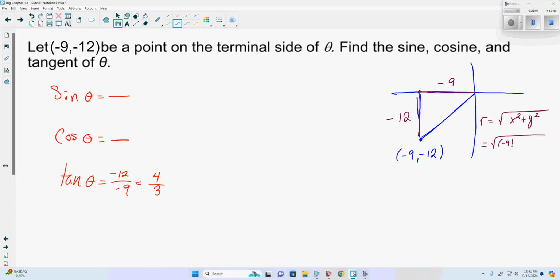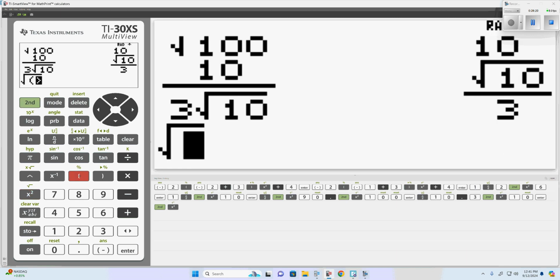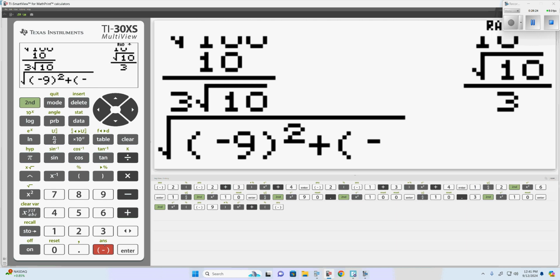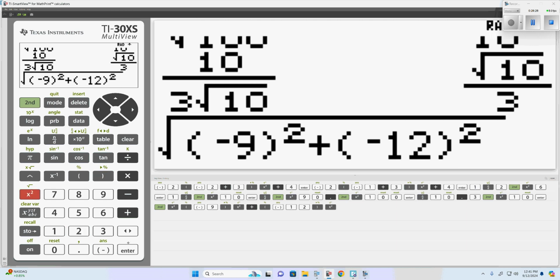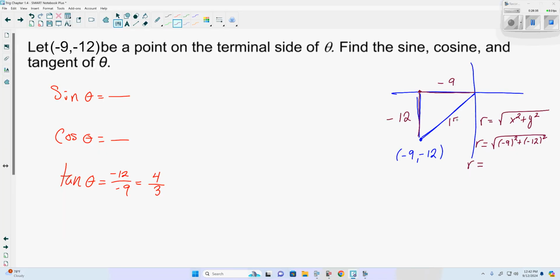X squared would be negative 9 squared, and y squared would be negative 12 squared. At this point, we can let the calculator do all the work: square root of negative 9 squared plus negative 12 squared. We would need the parentheses around the negative 9 and negative 12.